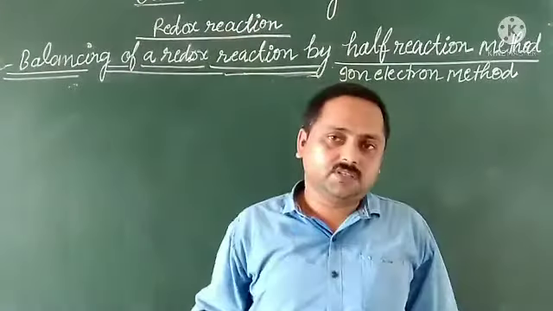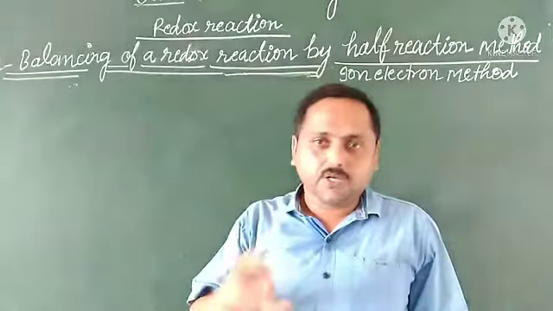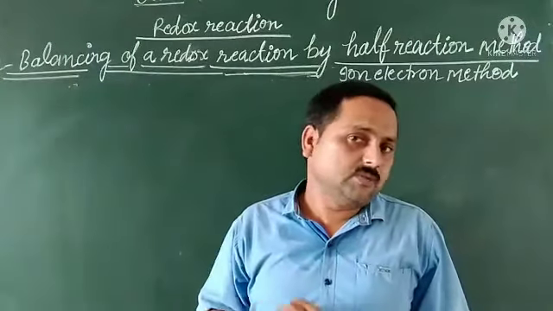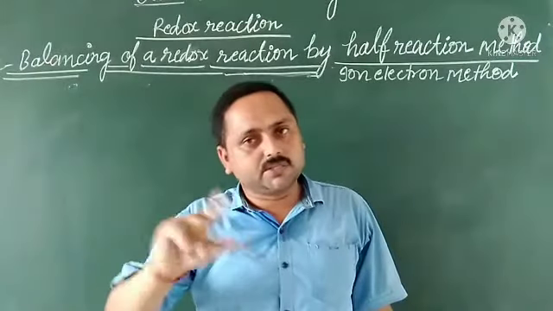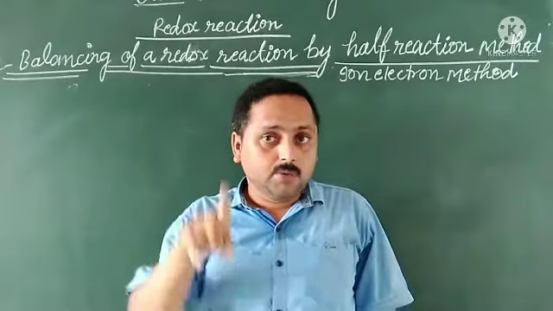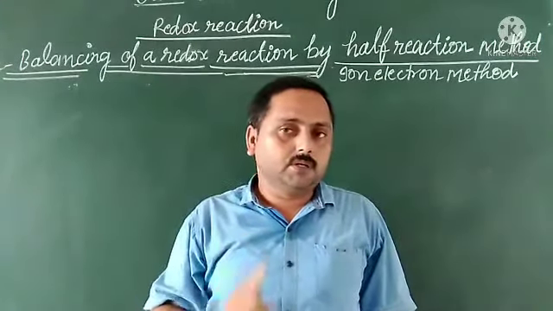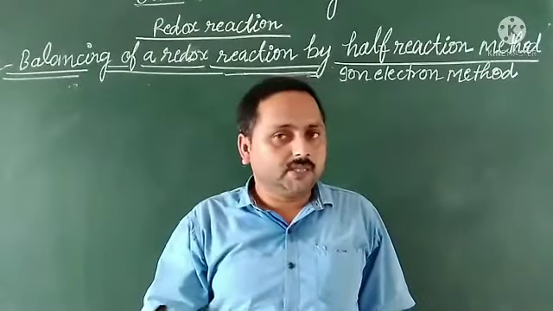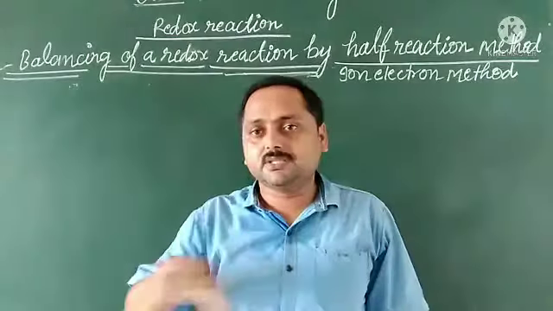Half reaction means in a redox reaction oxidation and reduction both take place. So a portion of the reaction in which either oxidation or reduction takes place is known as a half reaction.